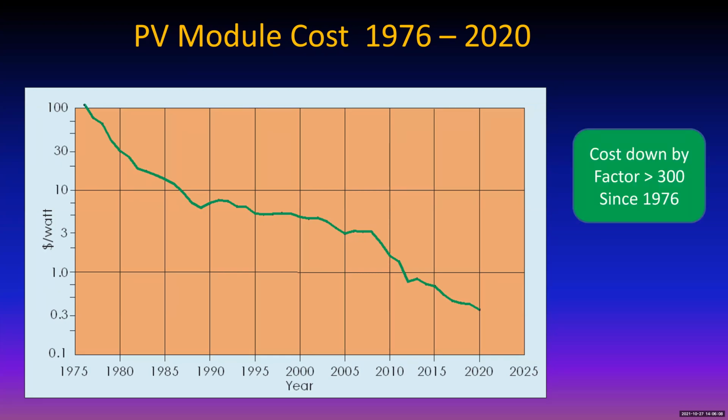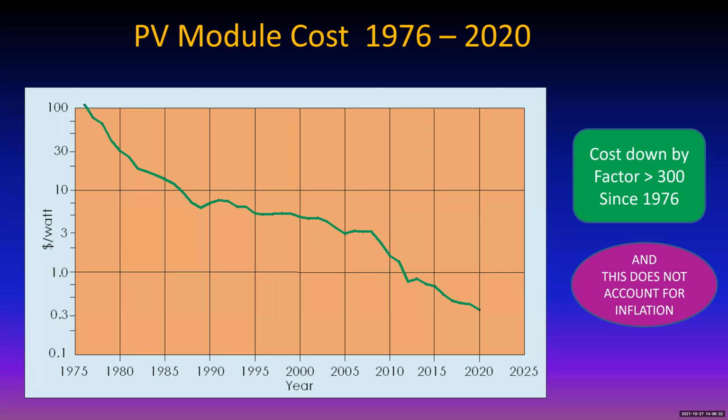So what else has come down in cost by a factor of 300 since 1976? Certainly not the cost of housing. And by the way, this doesn't account for inflation either. So if you talk about 1976 dollars, one would argue the cost came down even more.